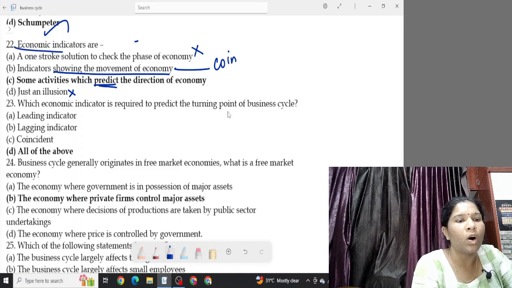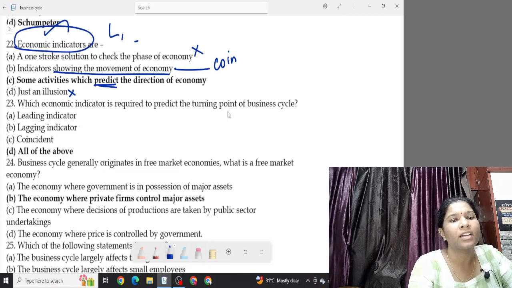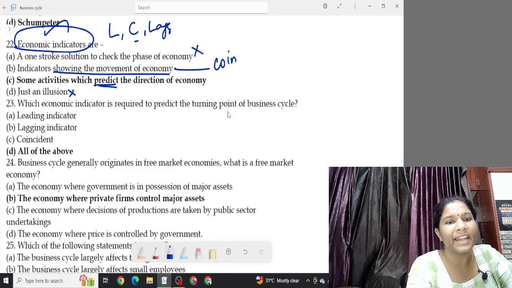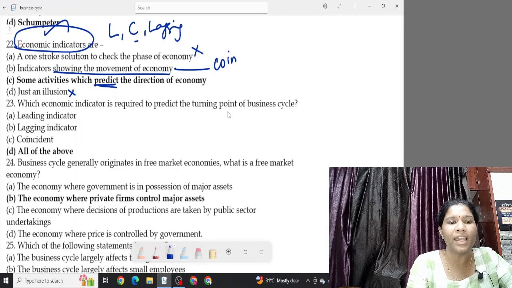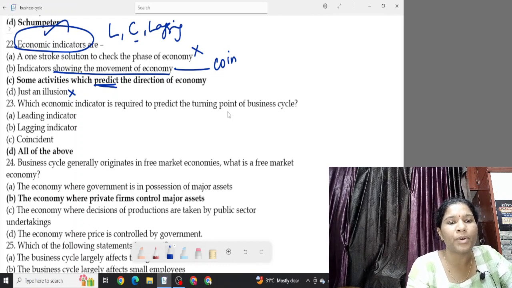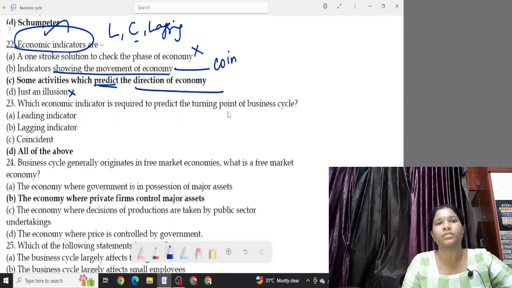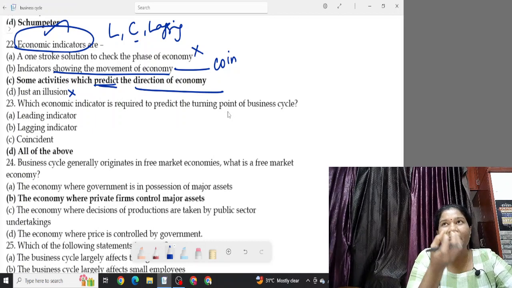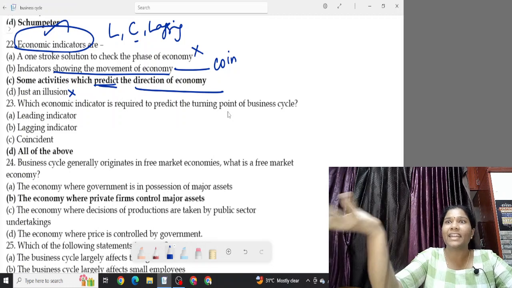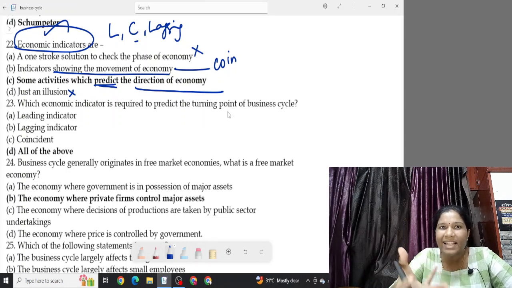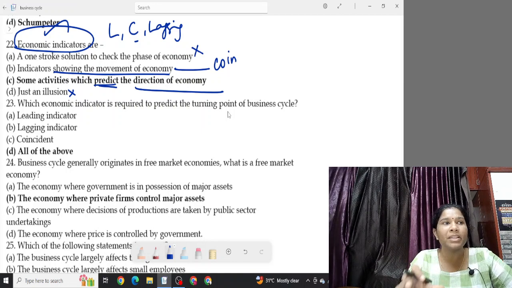Since we are talking about all the indicators put together, leading, coincident and lagging, if you say it is used to predict the direction in which economy is going, because it's an indication only. An indicator is indicating that something is going to happen or something has happened, or confirming that something has happened.